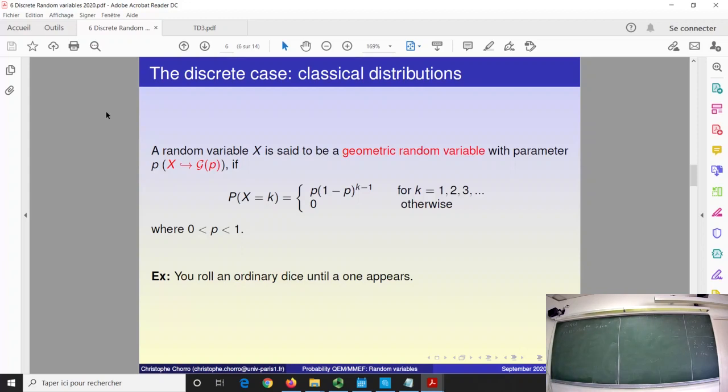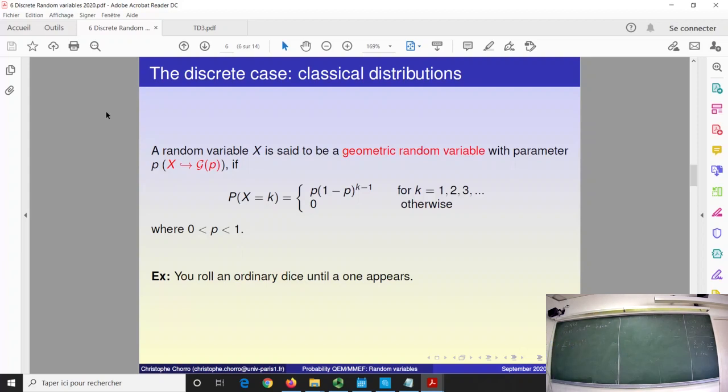So a priori, the term I am interested in, if I come back to the definition of the expectation, is the sum from k equal to 1 to plus infinity of k p times 1 minus p to the power k minus 1.